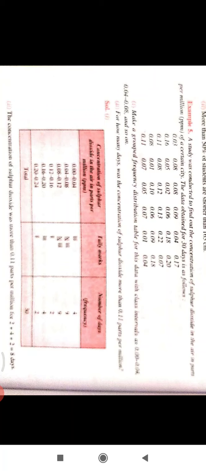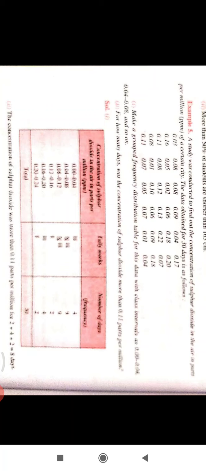Now between 0.00 to 0.04, 0.04 will not be included. You know that 0.00, 0.01, 0.02, 0.03. See where these numbers are in the given data and mark them with a pencil. Underline it or circle it.